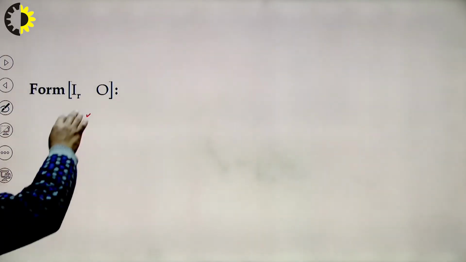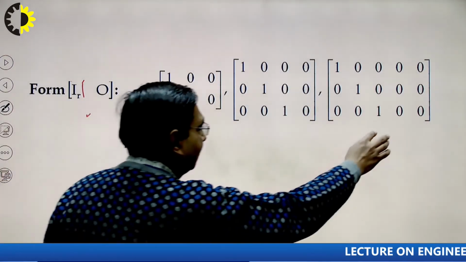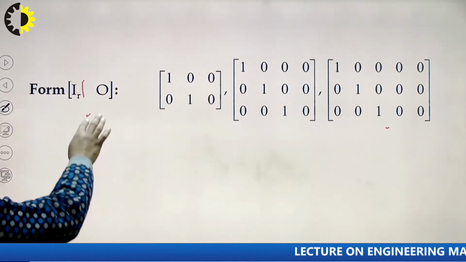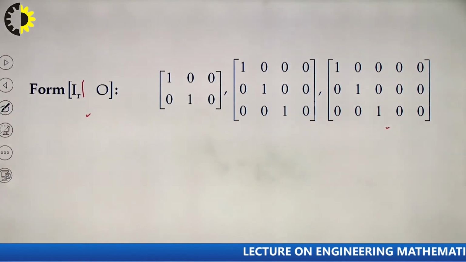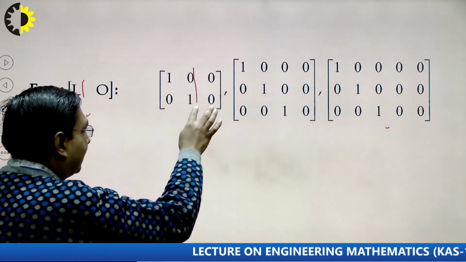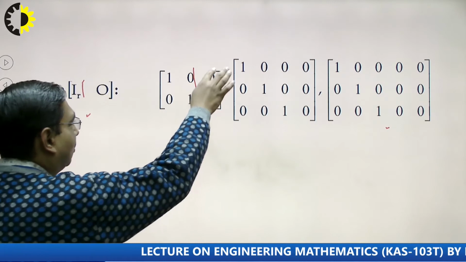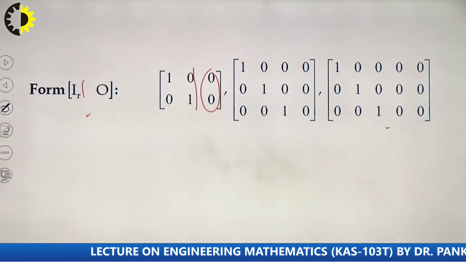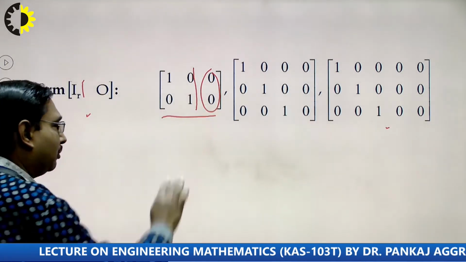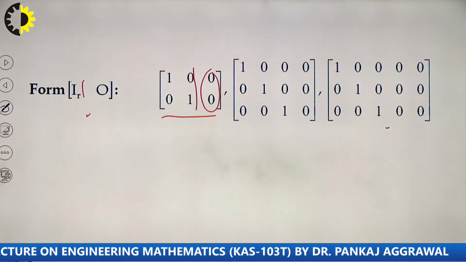Now, the third form, [I_r O], this form. This form means identity matrix on the left part, and the remaining elements of the matrix to the right of the identity matrix are 0. These are the matrices written in this form. Here this is the identity matrix and there are only zeros to the right of that, no elements below the identity matrix.